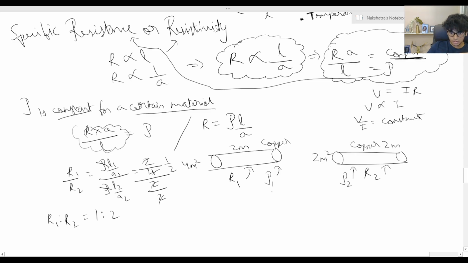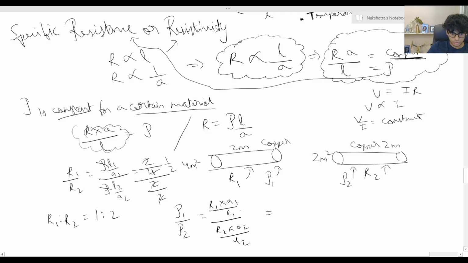But now if we have to compare rho 1 and rho 2, है ना, we'll plug in the formula here now. Rho 1 upon rho 2 is equal to R1 into A1 upon L1 upon R2 into A2 upon L2.